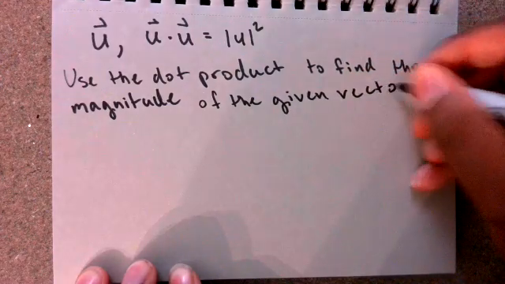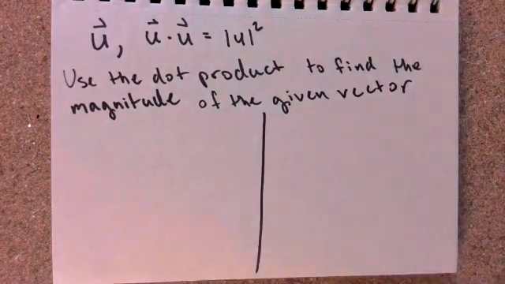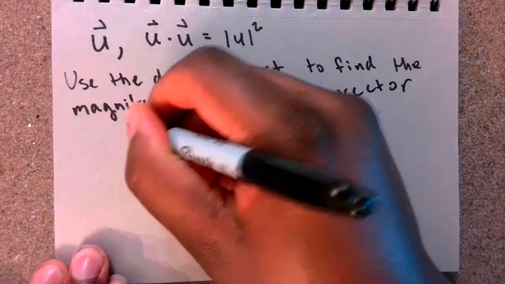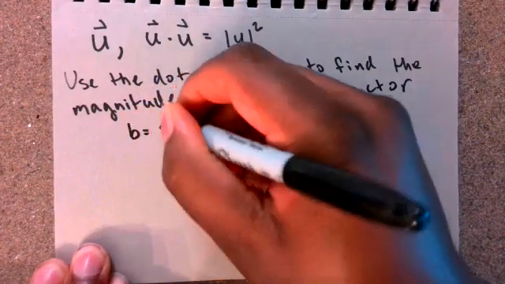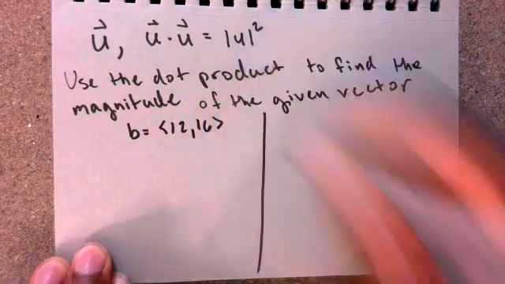I'm going to do a couple examples. The first is we've got vector b, which is 12, 16.